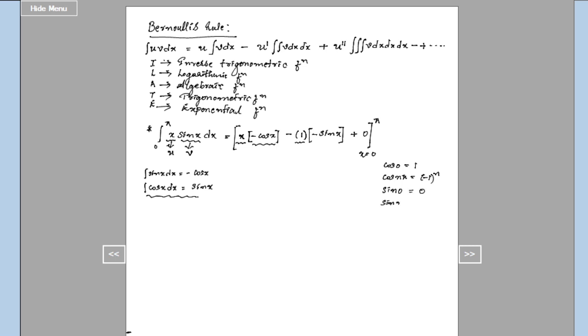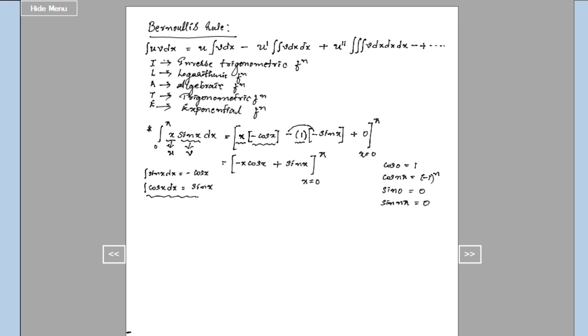Sin n pi is always 0. Knowing these simple values, apply the limits now. With simple simplification, it is represented as minus x cos x plus sin x, with limits x equal to 0 to pi.